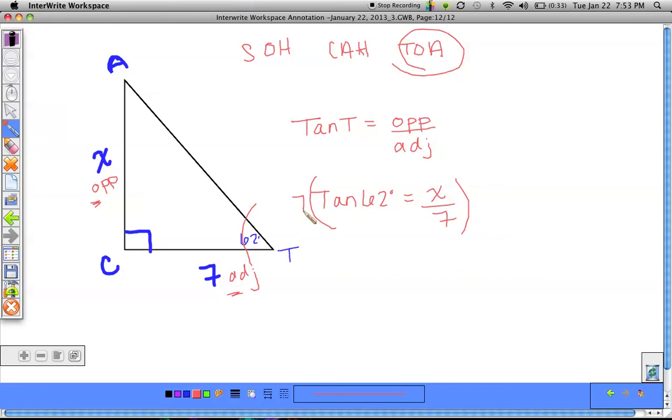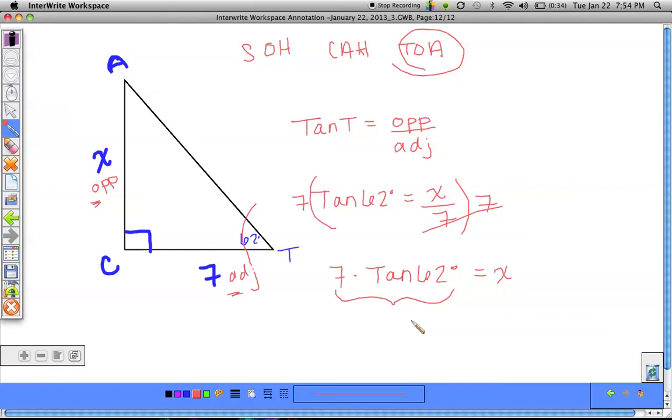So we're going to multiply both sides by 7 to get 7 out of the denominator. We're left with 7 times the tangent of 62 degrees equals x. And then you can just plug that value into your calculator, and you should get, hang on one second please.